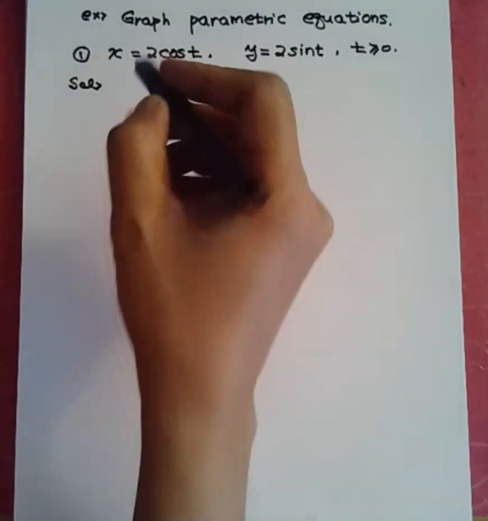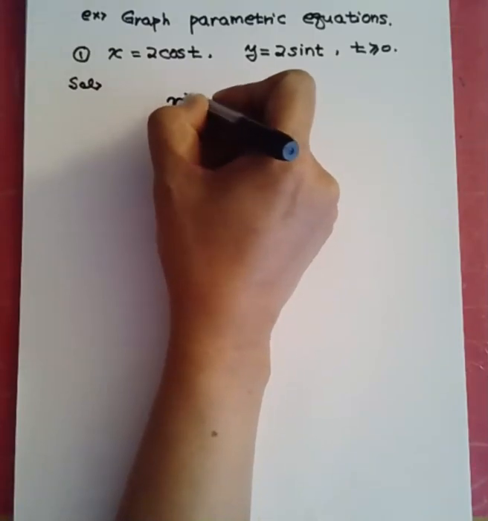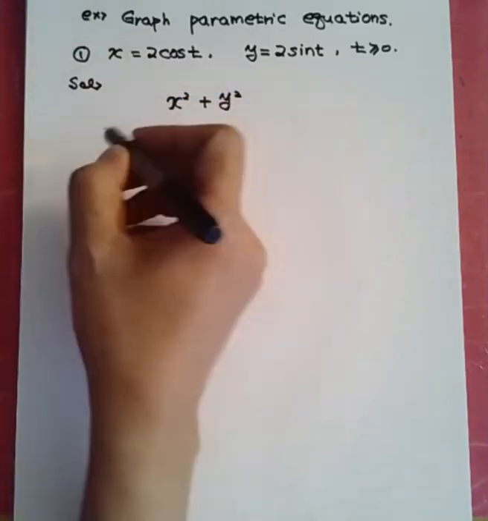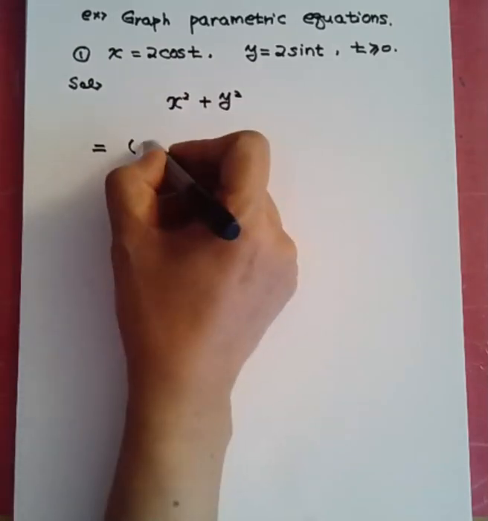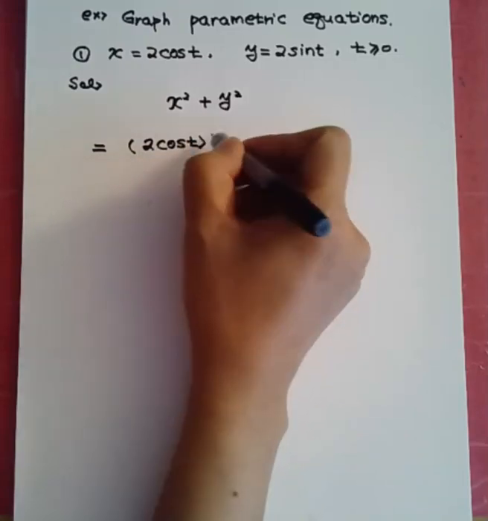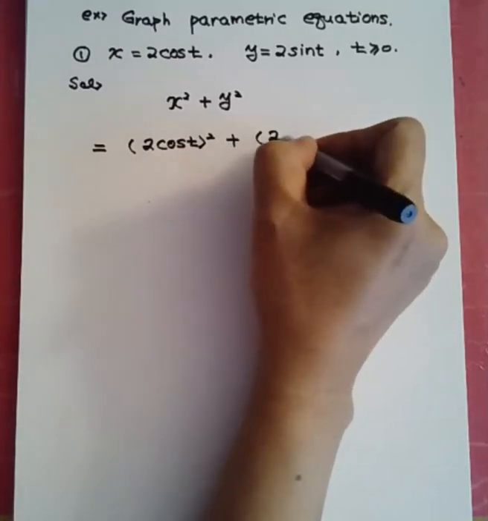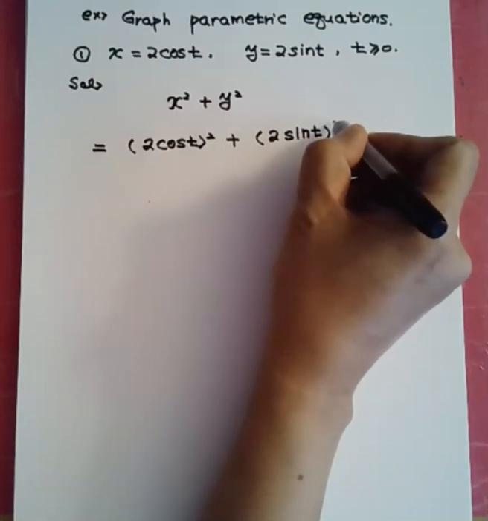In this problem, we can consider x squared plus y squared, and we will try to apply the Pythagorean identity. Let's do that. x is 2 cosine of t, and y is 2 sine of t.